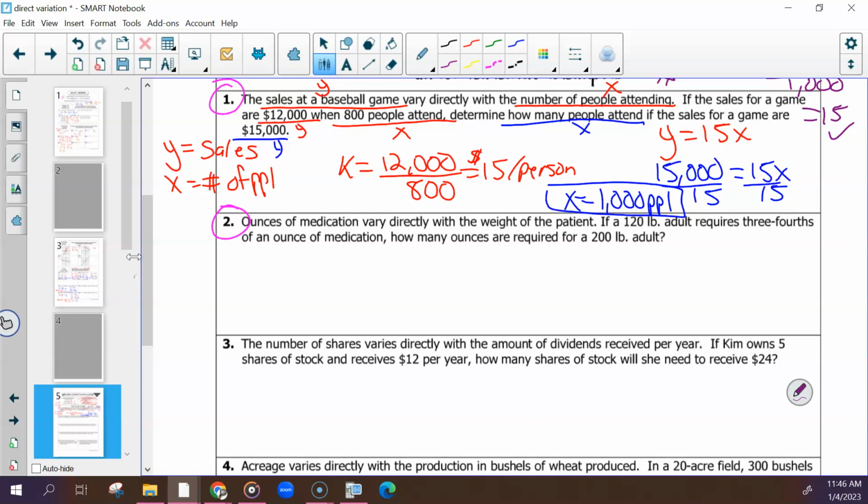Let's try another. Number 2, your ounces of medication, that comes first, so that's your Y. Vary directly with the weight of a patient, that comes after, so that's going to be your X. I'm going to write that off to the side.